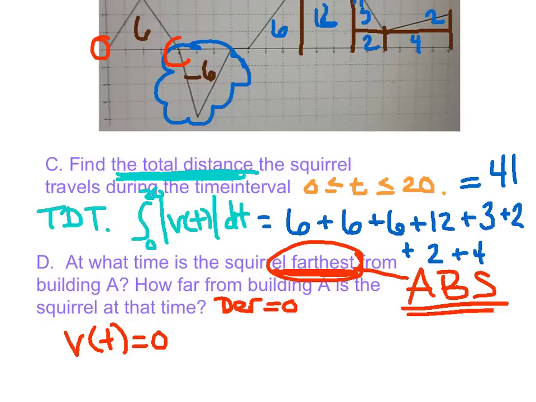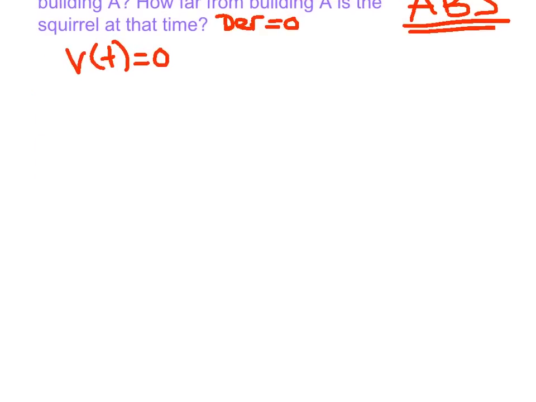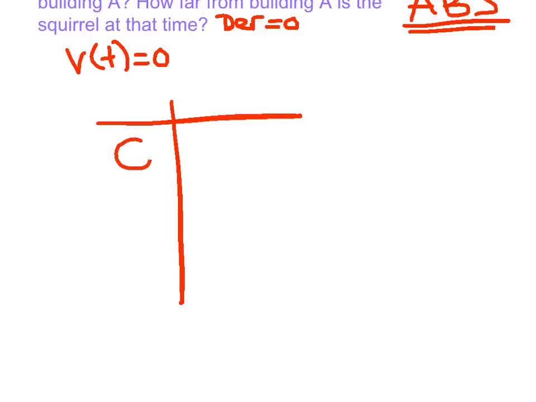Well, it's 0, 4, 7, 8, and then not again. I got to use my endpoint of 20. So that's what we should have on our table here. So I'm going to have to scroll down and fix my table. We said 0, 4, 7, 8, and 20.